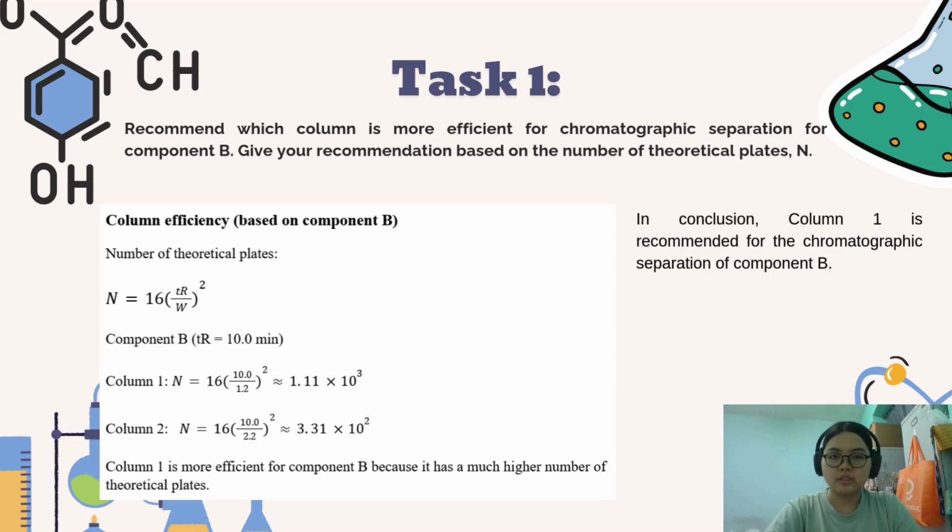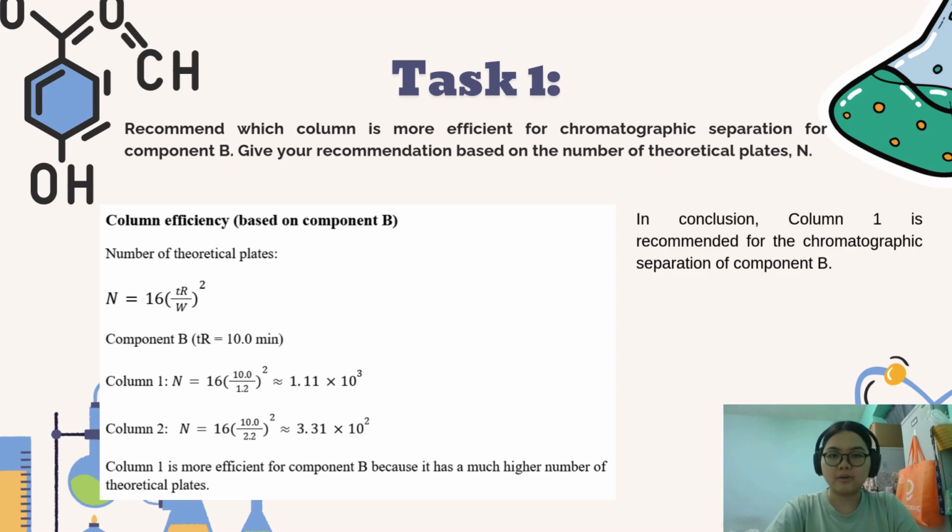Based on the calculation shown on the slide, column 1 gives a significantly higher number of theoretical plates compared to column 2. Column 1 gives approximately 1.11 times 10 to the power 3, while column 2 gives a much lower value of about 3.31 times 10 to the power 2.